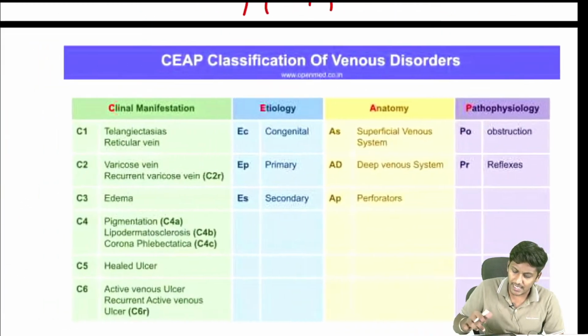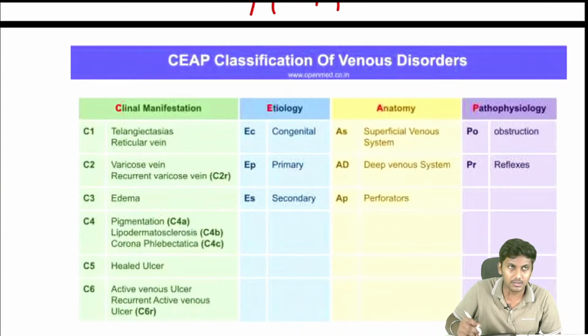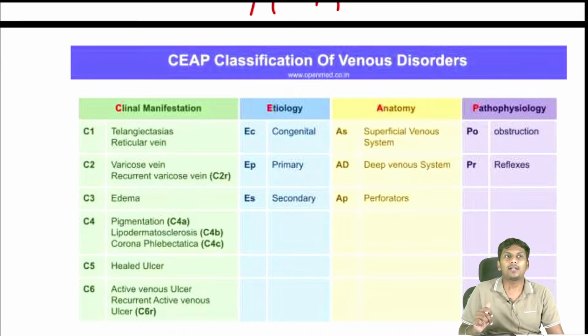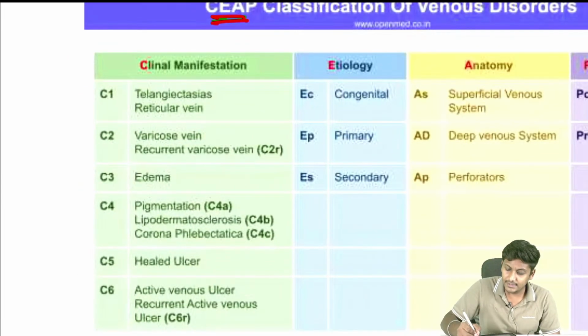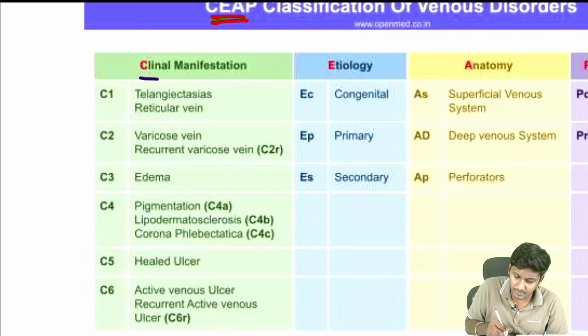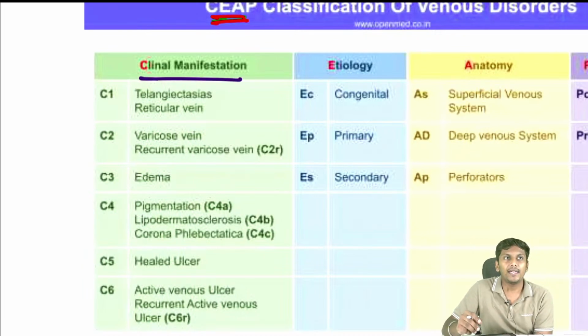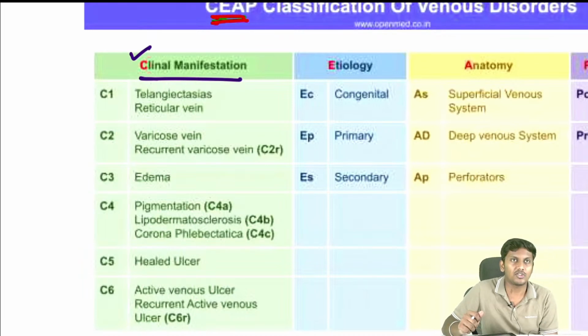If I talk about the CEAP classification of the venous disorders, C stands for the classification based on clinical manifestation, based on the signs and symptoms of the patient. If you classify the varicose veins that way, that is called a clinical classification.